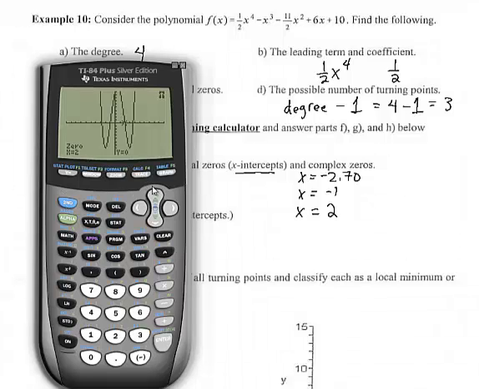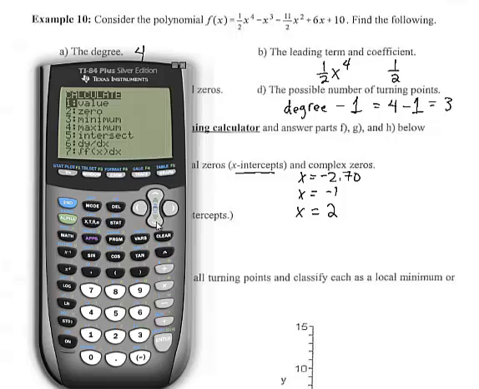And for our last zero, enter, move the cursor to the right, enter a second time, and then a third time, and we will round this zero to 3.70.